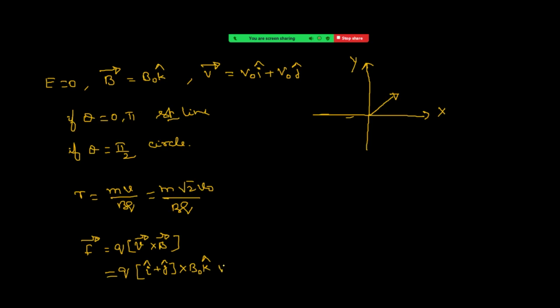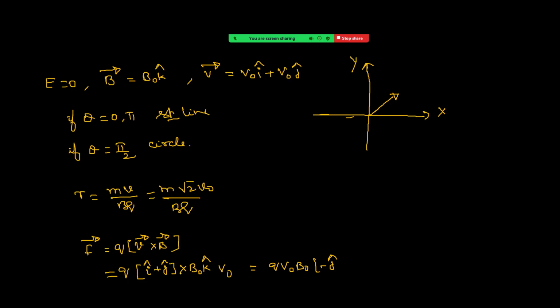I am taking V naught outside. Now see what we get. We can take q V naught B naught outside. Remaining is i cap cross k cap, that is minus j cap.